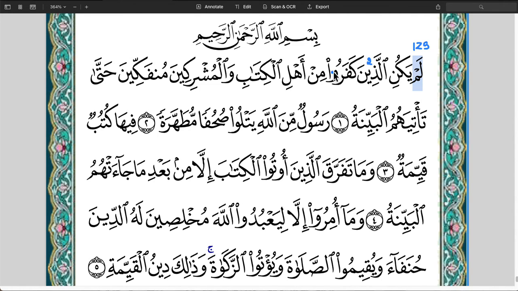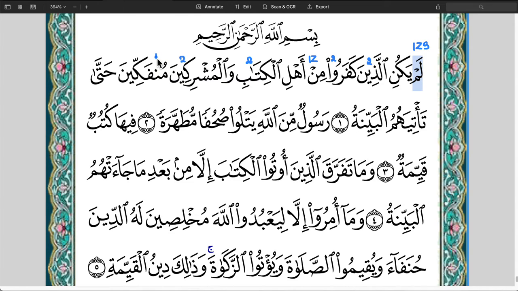Kafaru. Also here natural mad. This is izhar under the rules of nun sakin and tanween. Lil-kitab, natural mad. Wal-mushrikin, natural mad here also.